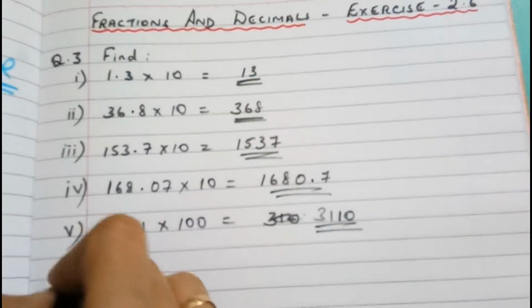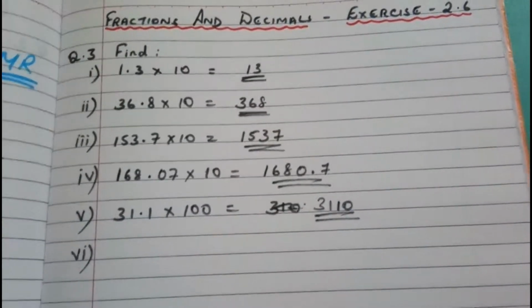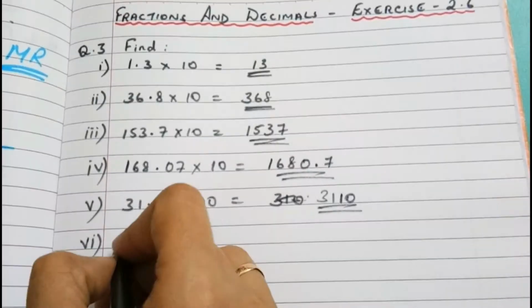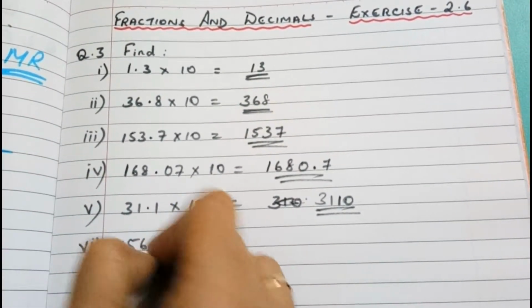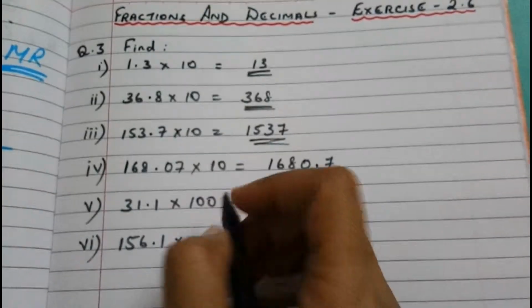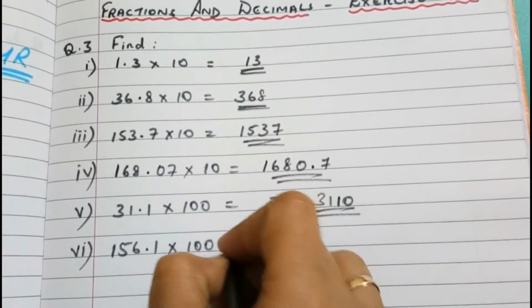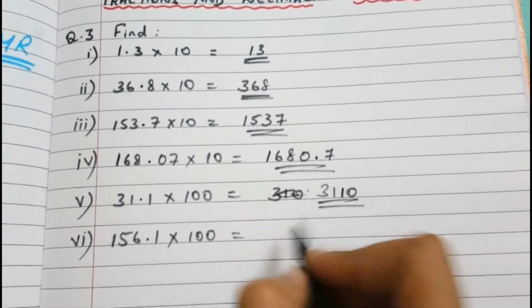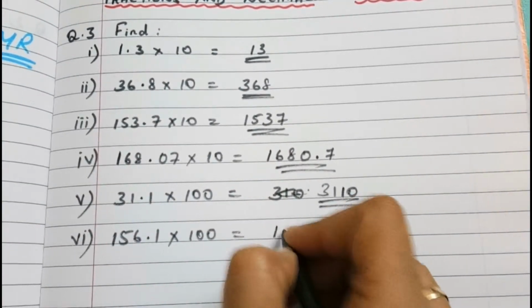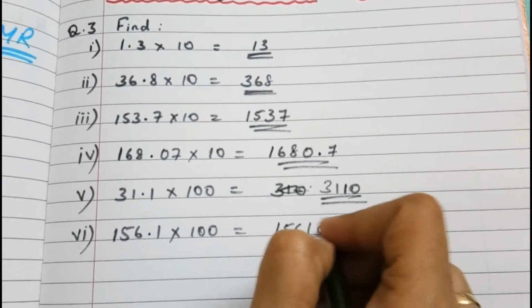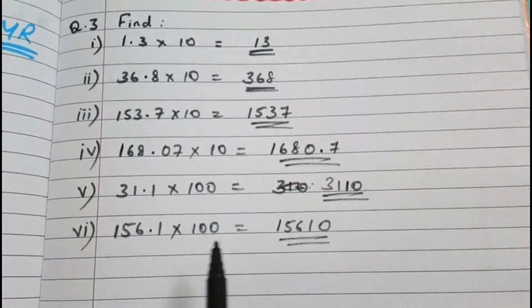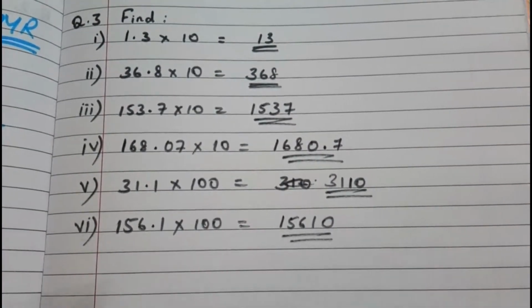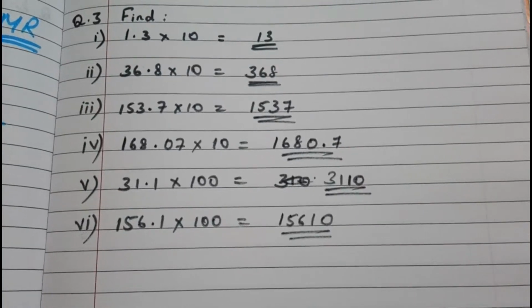Clear? Sixth sub question is 156.1 into 100, which is equal to, same is the case here, answer will be 1561 and 0. Why? Because there is only one number over here. Clear?